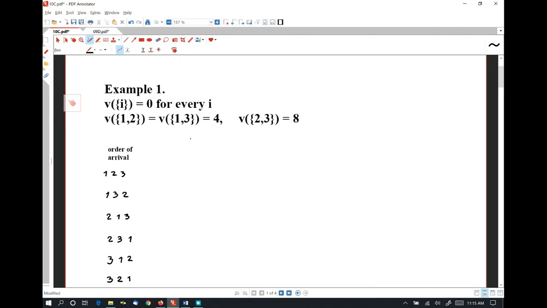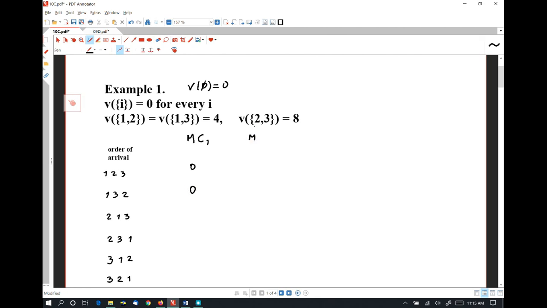Now let's compute the marginal contribution of player 1. Remember that, as usual, V of the empty set is 0. So before he comes we have 0, after he comes we have 0. So if player 1 comes first, his marginal contribution is 0.